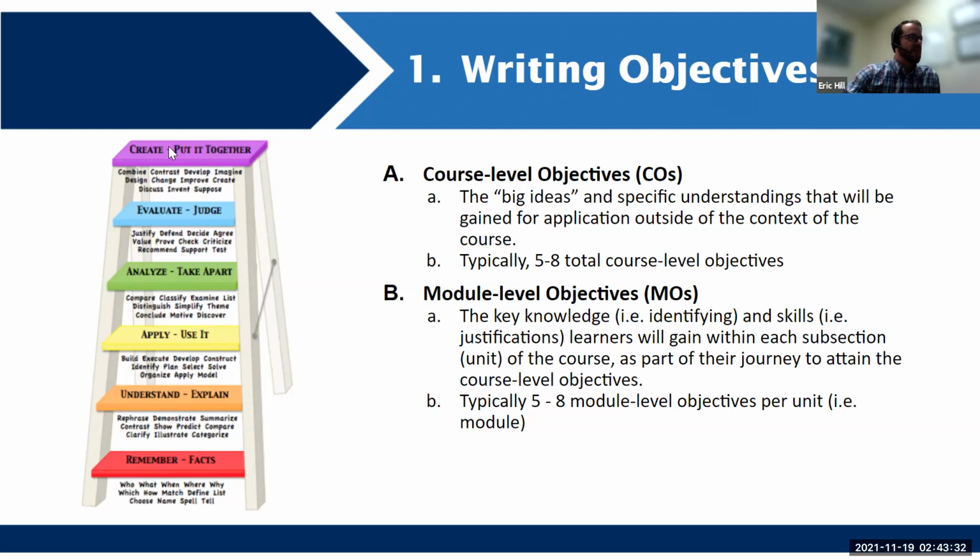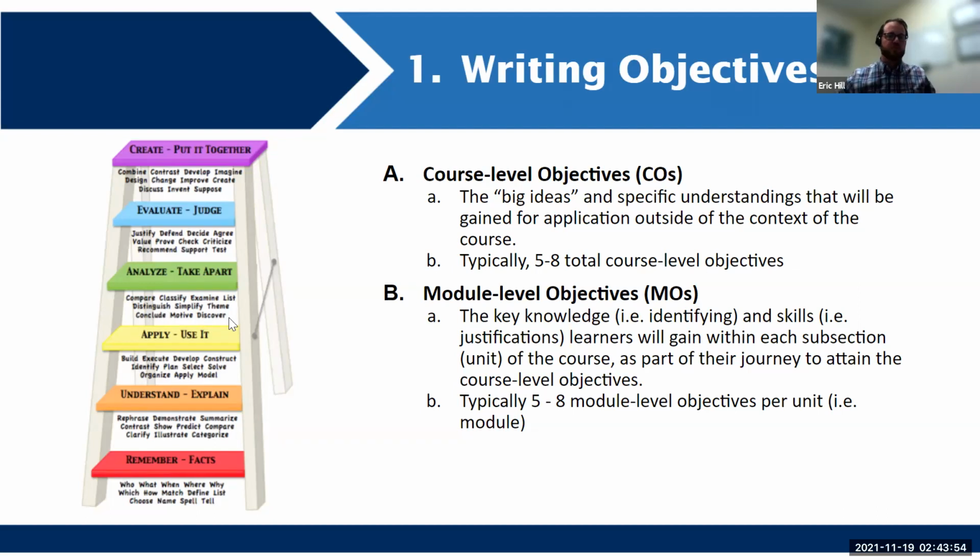The highest rungs of the ladder are your highest levels of Bloom's. And I would recommend to anyone that your course level objectives really should be focused on these higher levels of Bloom's. Things like develop or create, justify or criticize, and even compare, distinguish, and discover.